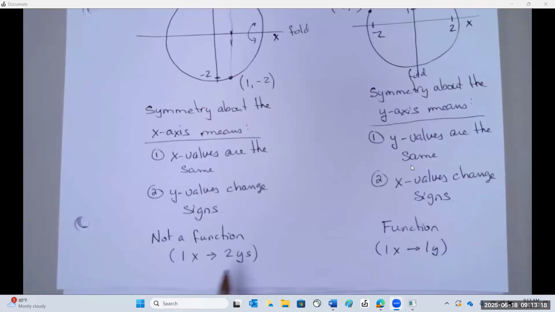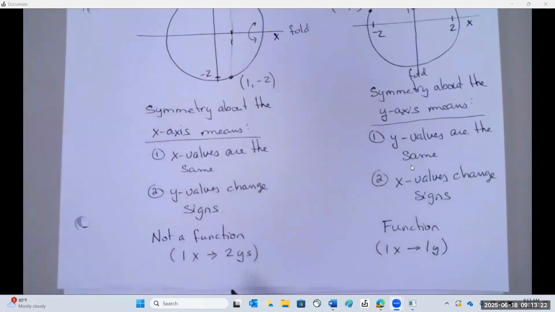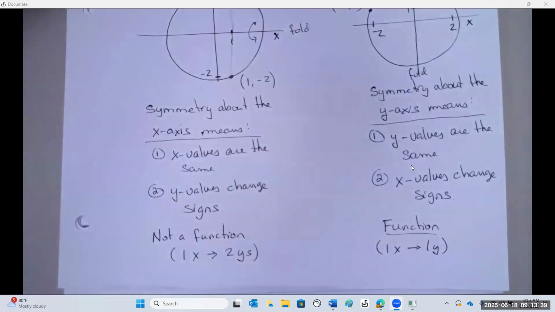Now, since this is not a function, we don't have to worry about it because there's not too many graphs or equations that we're going to deal with that will look like this. But if it is symmetric about the y-axis, it's got a special name. Remember, it is a function. What kind of function is it?